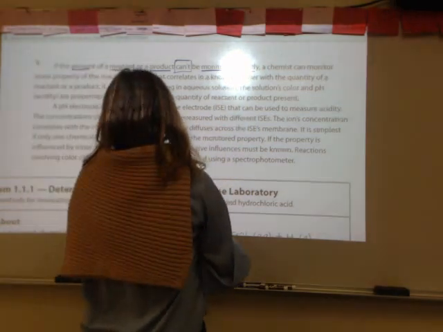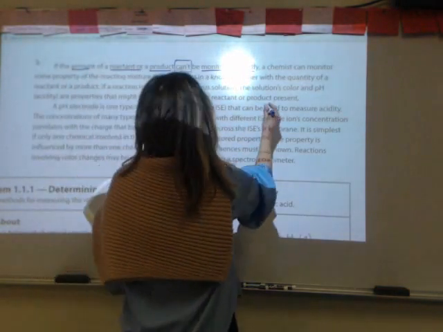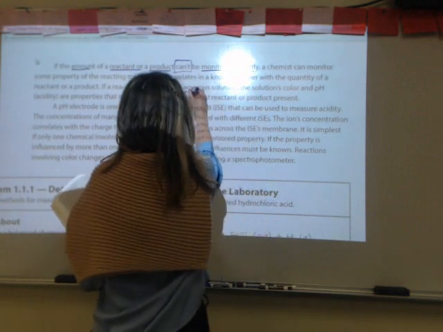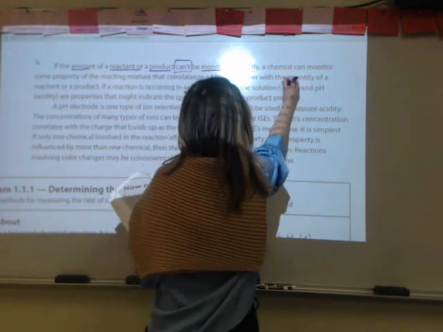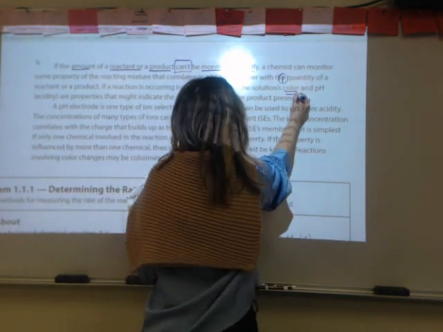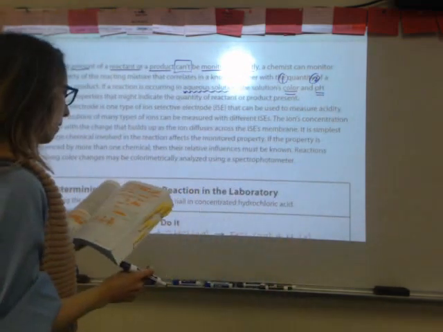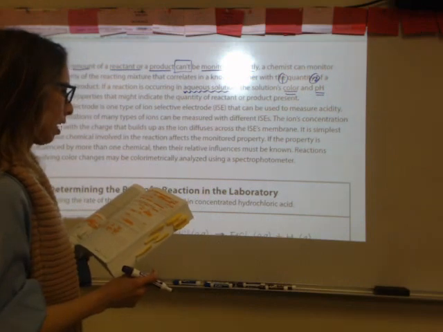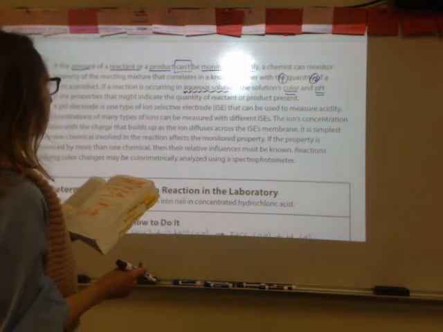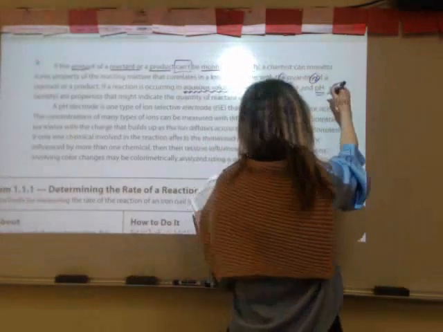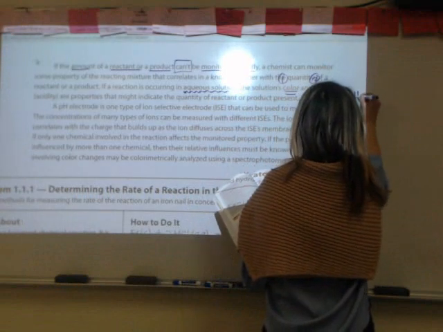One of those things that you could do, if it's an aqueous solution, is take a look at the solution's color. You could take a look at the solution's pH. For pH, you could be using a pH meter.